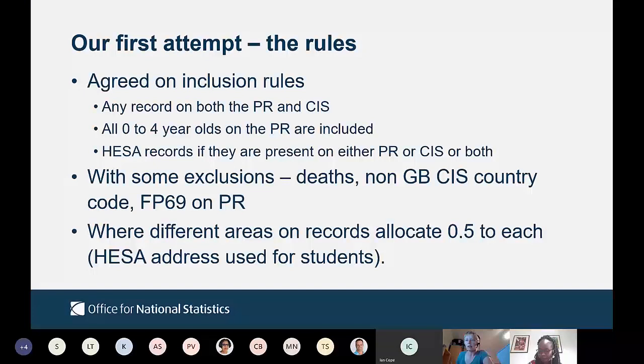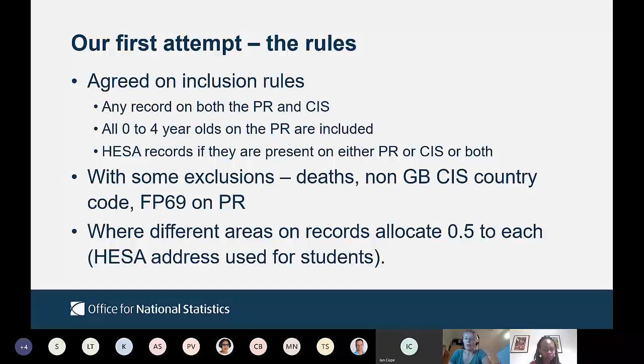So our first attempt, we were using data from the patient register, so a list of people registered with doctors in the UK, and information from the Department of Work and Pensions on a list of people who had ever interacted with the tax and benefit system, so obviously including some people who had left the country as well.